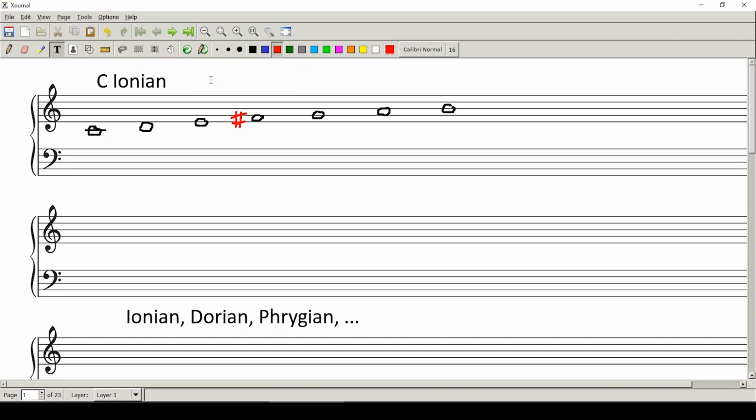So, for example, we could imagine thinking about one of the modes that Aeolian is brighter than. So C Aeolian is supposedly brighter than C Dorian. What are the notes in C Dorian? Well, there's an E flat and there's a B flat.